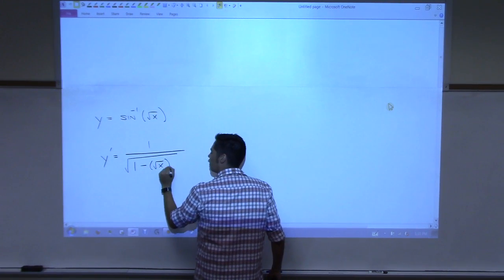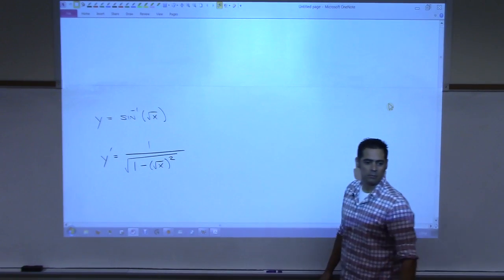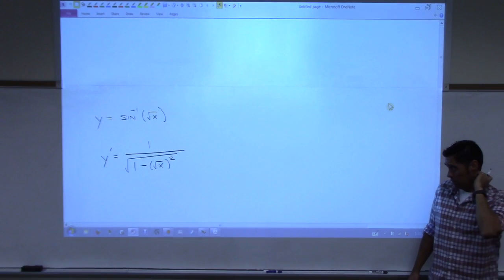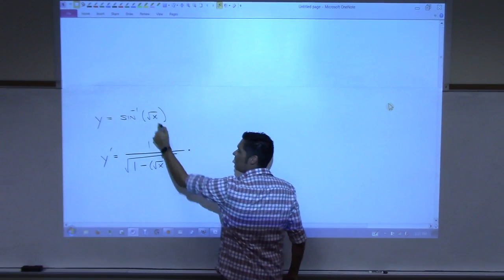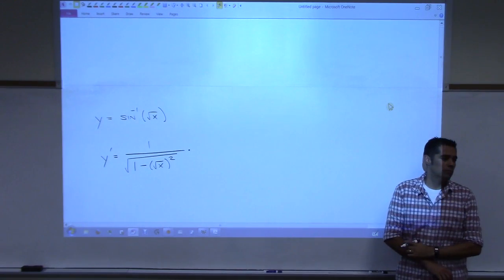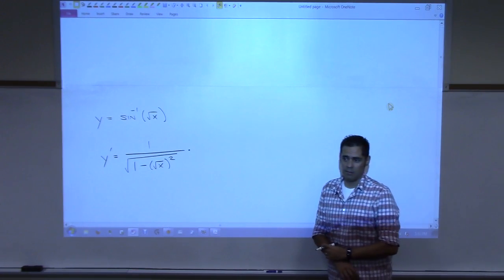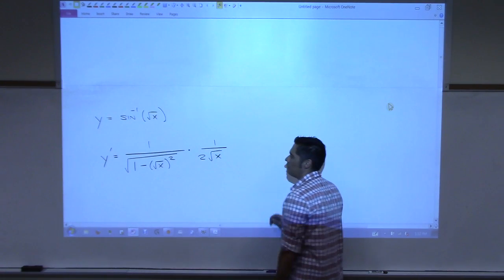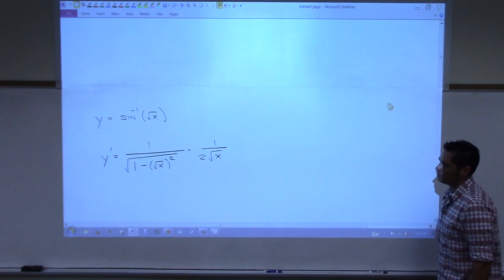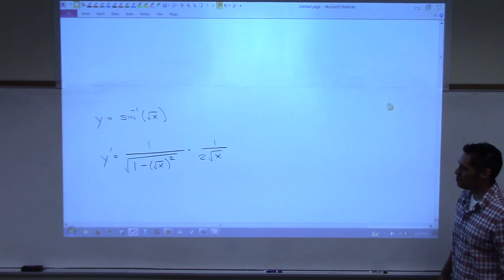Root x squared, which is going to be x. And then times the derivative of what's in there. 1 over 2 root x. We've done that many times. 1 over 2 root x, like that. Then you could even go in there and say times 1, yes.